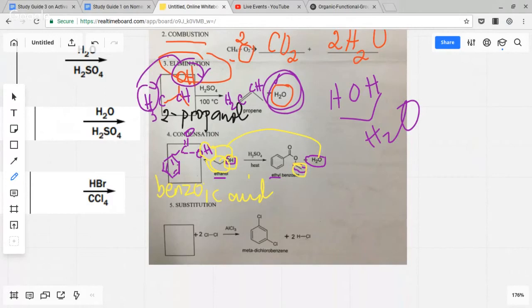And of course, we're down to the last type of reaction here. We've got substitution reaction. In a substitution reaction, you substitute something. And if you look at this particular reaction, trace whatever you're given. So you have 2Cl2 and 2HCl here.